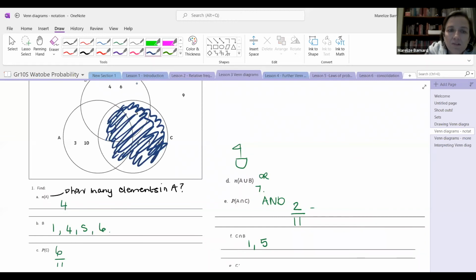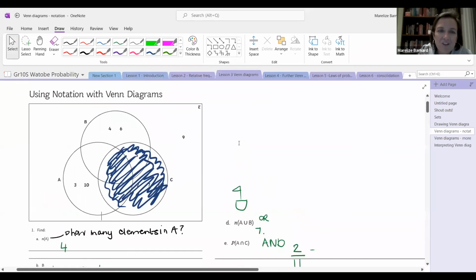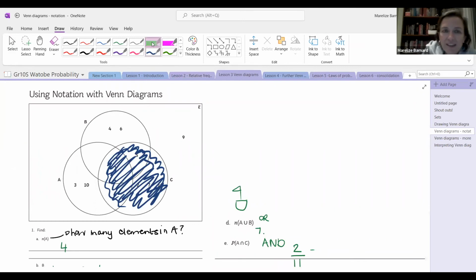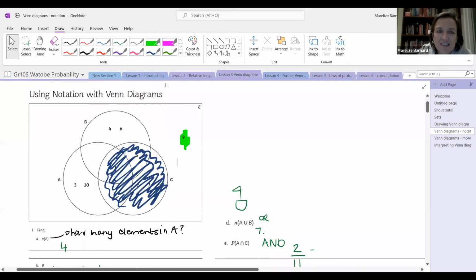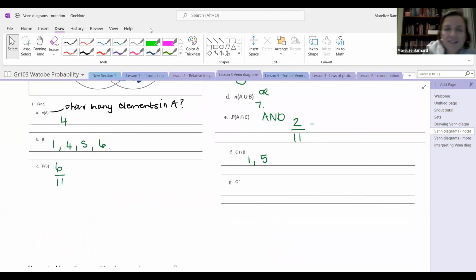We want nothing to do with C. Not C is going to be 3, 10, 4, 6. And don't forget the little lonesome 9 over here. So not C is 3, 4, 6, 9, and 10. Good job, everybody. Excellent. I think that was a job well done.